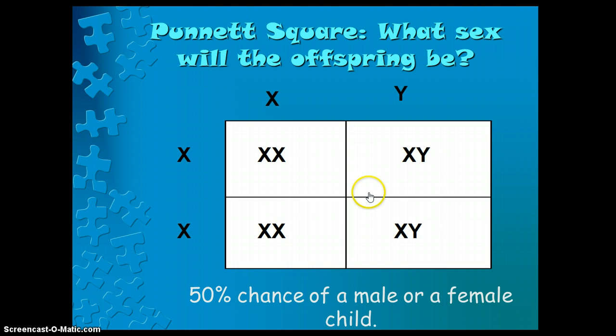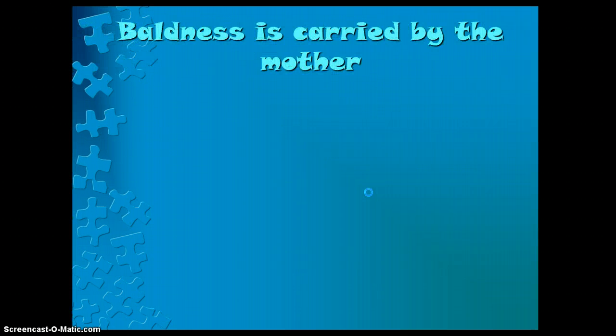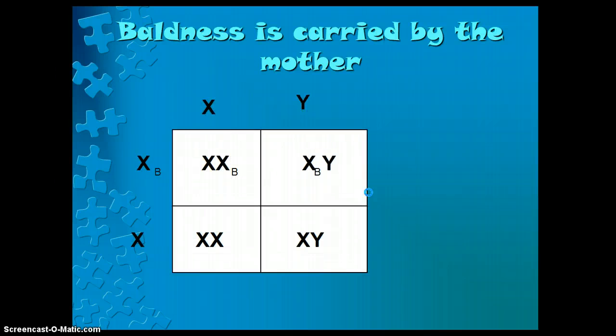Well, when we do a Punnett square, we see the probability 50-50 here. Baldness is carried by the mother chromosome. Baldness is actually a recessive trait, so I don't like how this big B is represented here, but it'll do for demonstration.